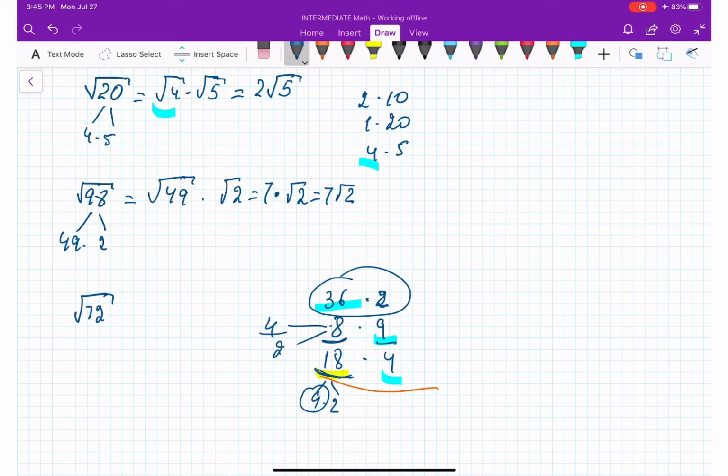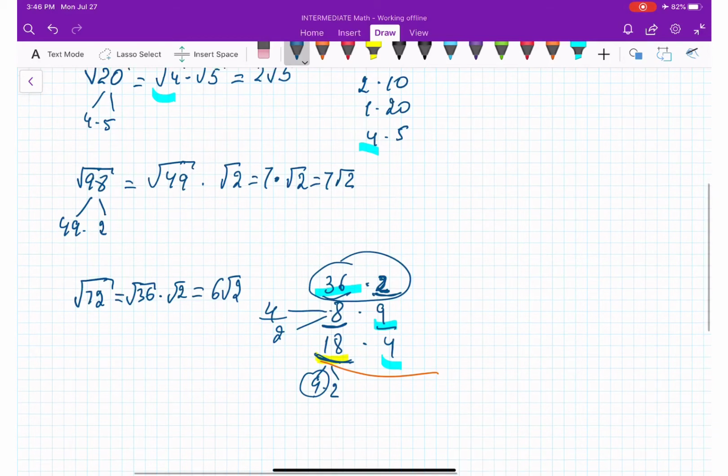But this is the best version because I have the number that I can't take anything else out of, which means 36 will take out as much as possible. Therefore, I'm breaking down square root of 36 and square root of 2. So square root of 36 is 6 and square root of 2. That will be the answer.